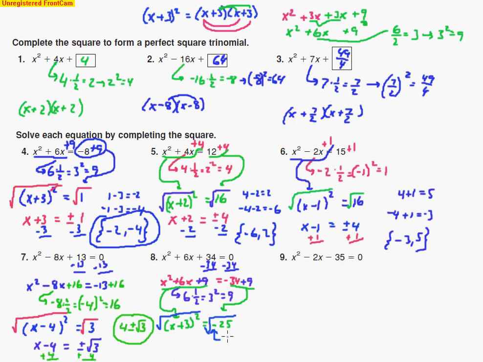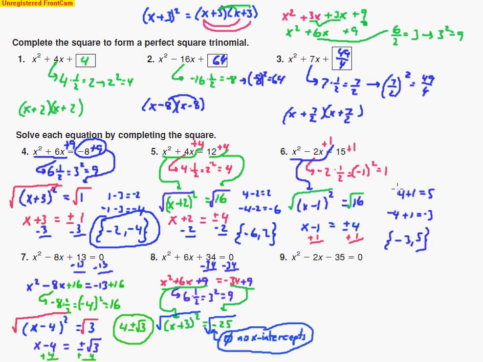There are no solutions, 0 with the slash through it, or we could say no x-intercepts. Basically, this graph does not cross the x-axis. So that would be our answer right there, no x-intercepts, no solution. And the reason was because of that negative sign that we were trying to take the square root of. We can't find two numbers that multiply to make a negative 25 that are exactly the same.